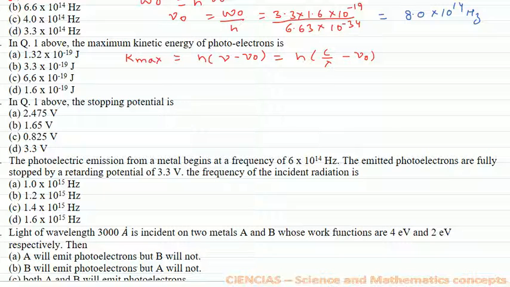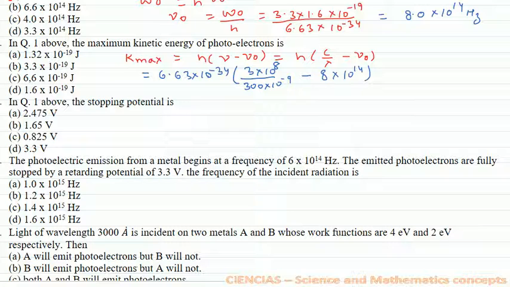So putting the values, h is 6.63 x 10^-34, c is 3 x 10^8, the wavelength used is 300 nanometer, 300 x 10^-9, and the threshold frequency comes out 8 x 10^14.